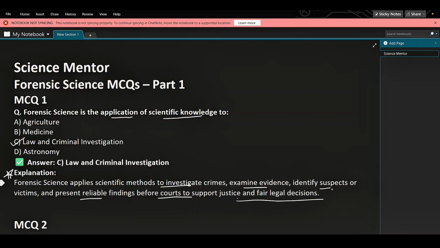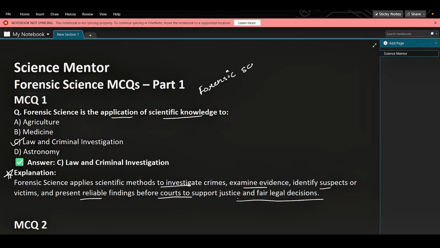The expert examines evidence such as fingerprint, blood, DNA, hair, weapons, and documents using scientific method, and their findings help identify offenders, establish facts, and support court in delivering justice. So remember the simple formula: forensic science equals science plus law plus justice. Let me write it. Forensic science is equal to science plus law plus justice.